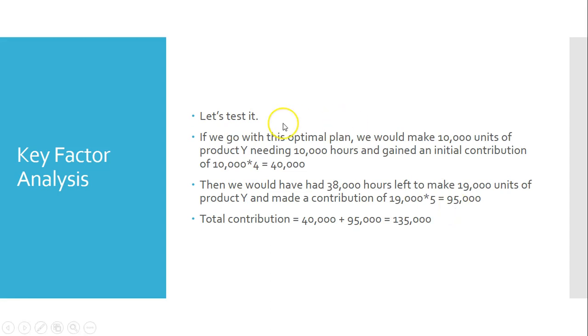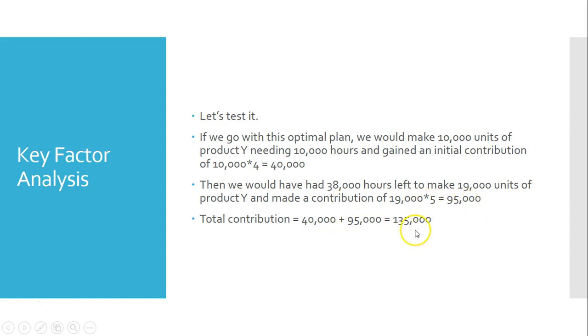Say, for example, we'd gone with the optimal plan that we earlier discussed, based on the ranking by contribution per hour. We would have made 10,000 units of y, needing 10,000 hours, gaining an initial contribution of 10,000 times 4, which is 40,000. Then we would have had 38,000 hours left to make 19,000 units of x, giving a contribution of 19,000 times 5, 95,000.